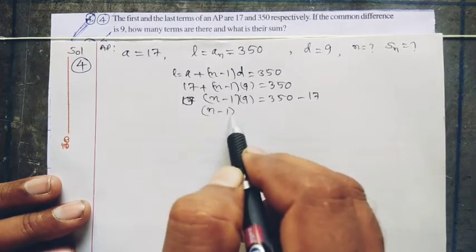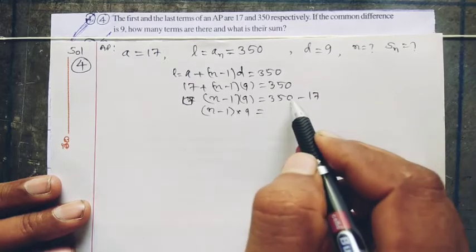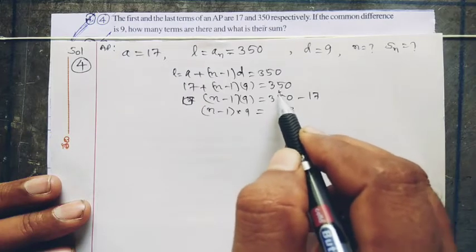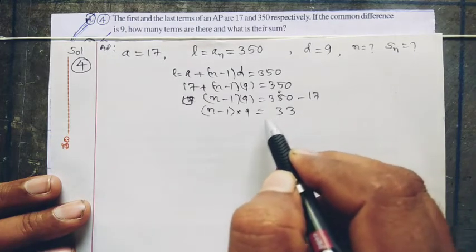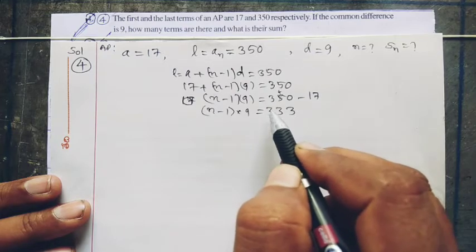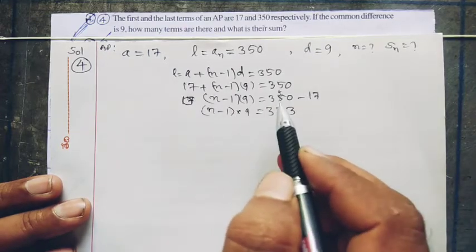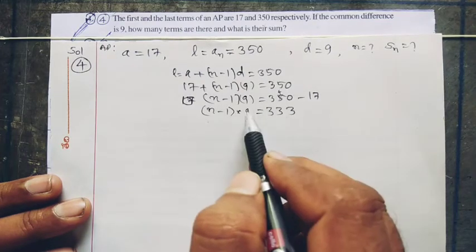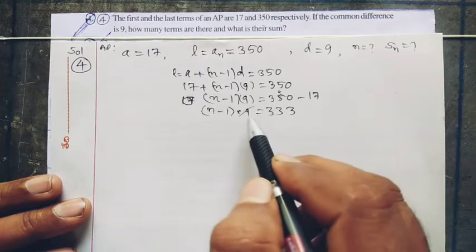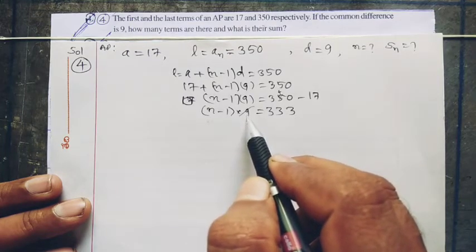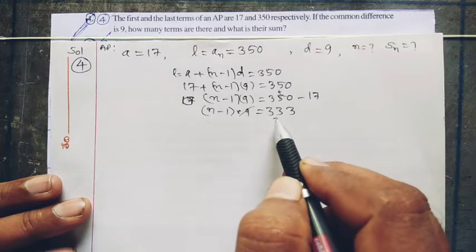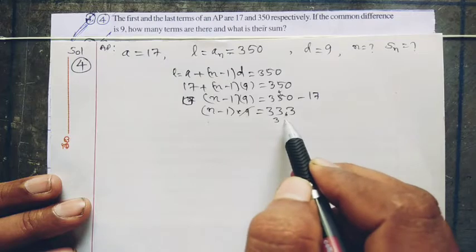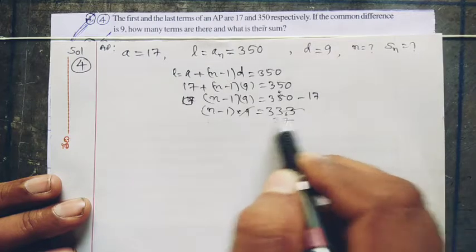N minus 1 into 9 is equal to 333. So 333, n minus 1 is equal to, we can cancel like this, 9 1s are 9, 9 3s are 27, 9 7s are 63.